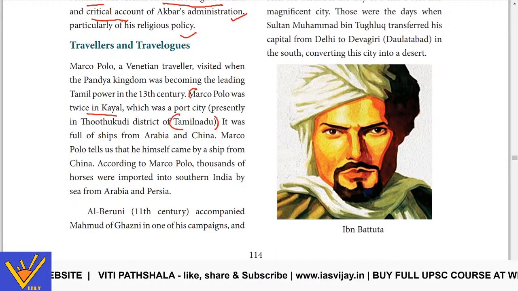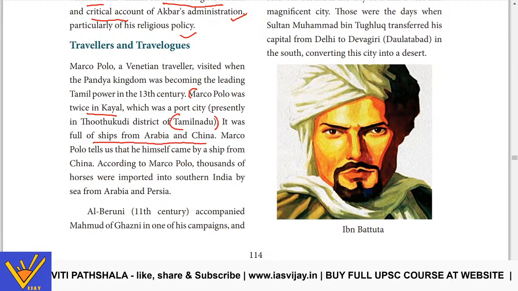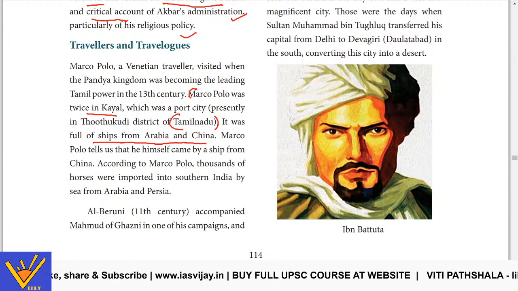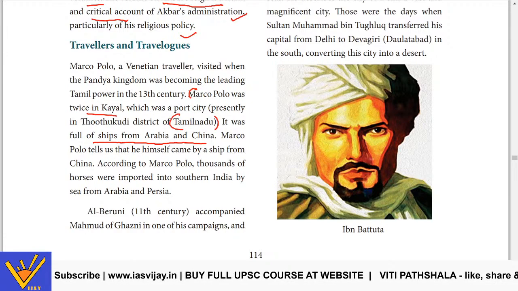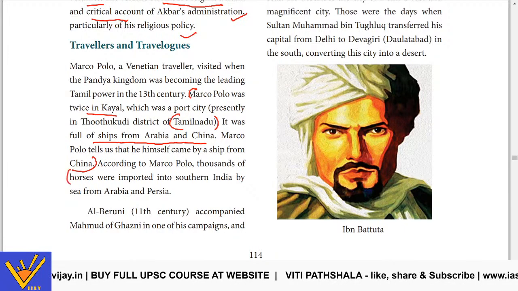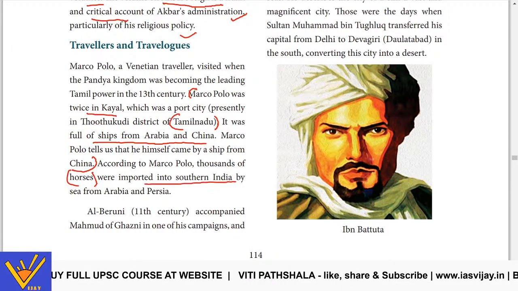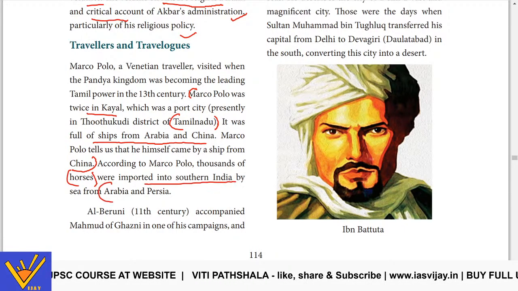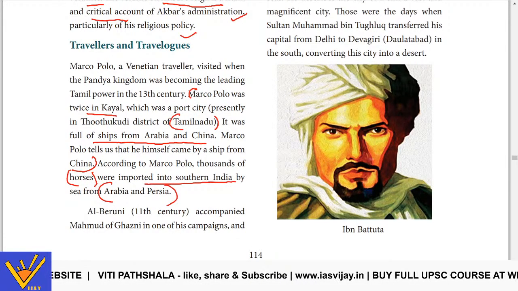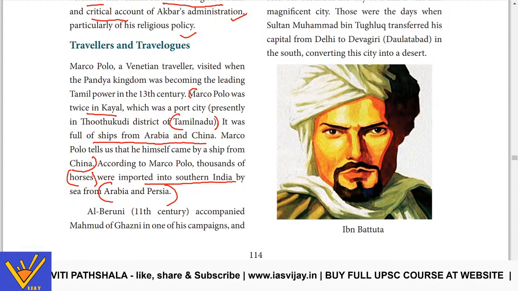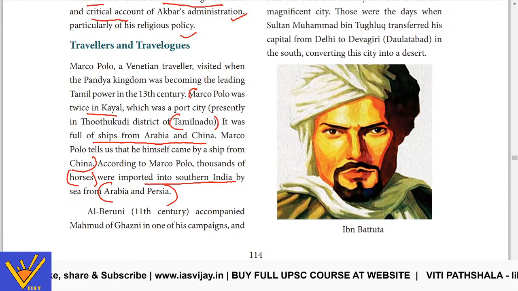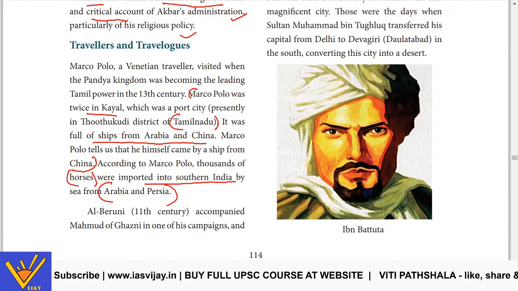It was full of ships from Arabia and China. Marco Polo tells us that he himself came by sea from China. According to Marco Polo, thousands of horses were imported into southern India by sea from Arabia and Persia. Now you all know that the horse is not an Indian animal, but a Central Asian animal.